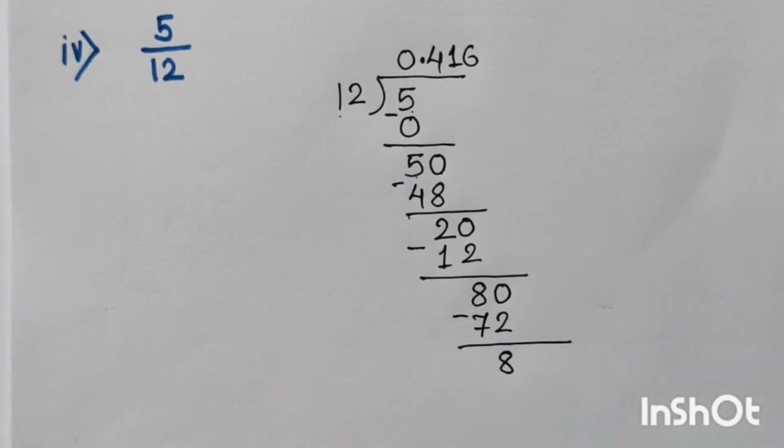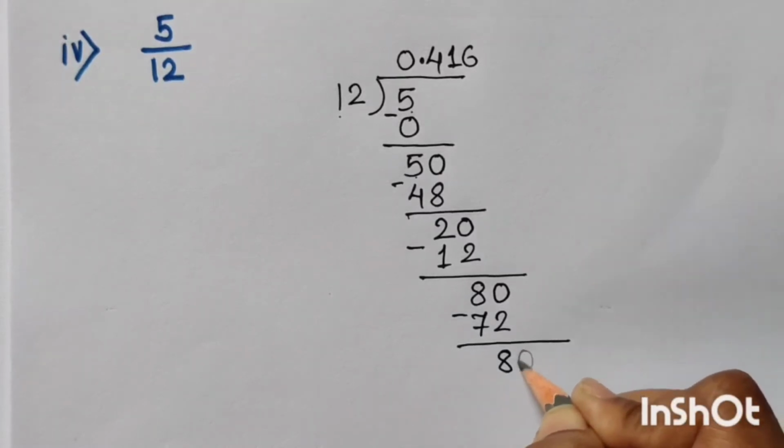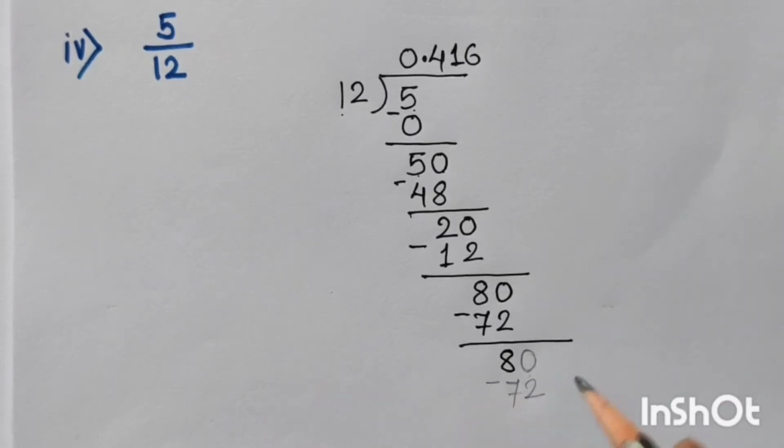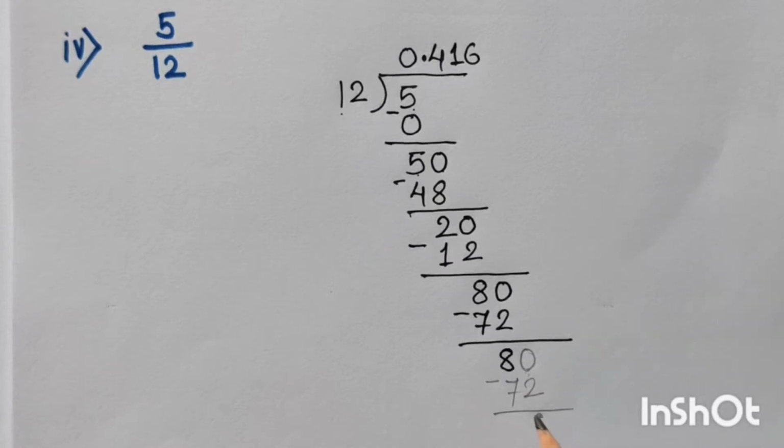I am going to show you by using my pencil. If I put a 0 here, what will happen? We will get 80. Again 12 6s are 72, we will be writing, minus sign. Then 80 minus 72 we will be getting 8 again.